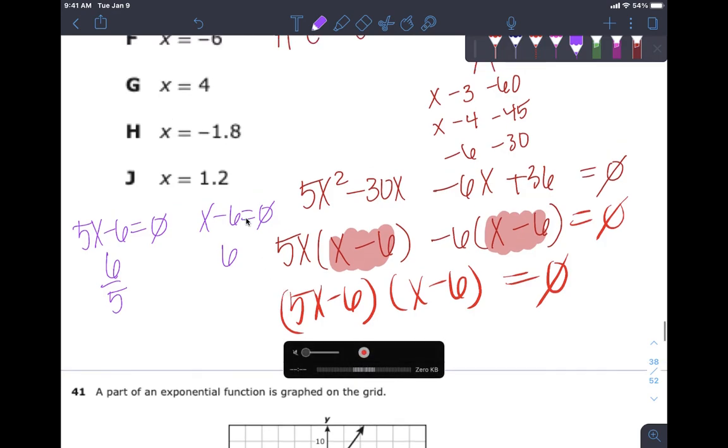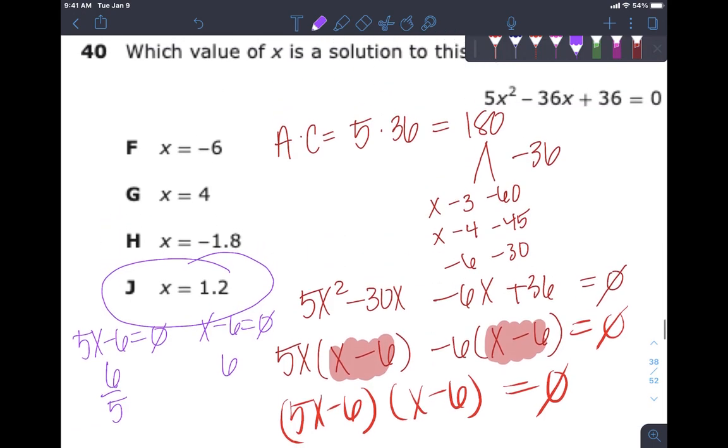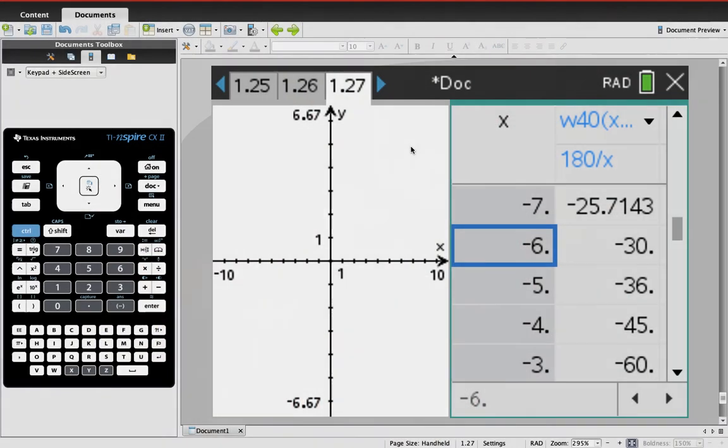So I can look at my answer choices. And it looks like J is going to be the only answer. Now, I could go ahead and graph this and verify. I could do a lot of different things, but I'm going to show you something new on the calculator.